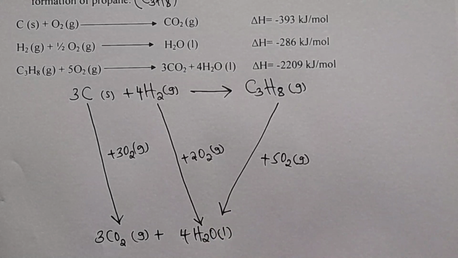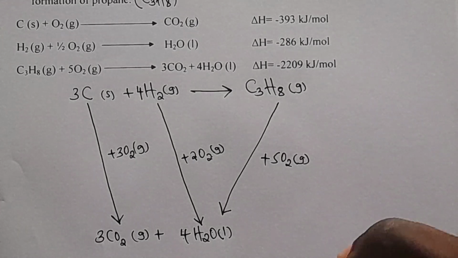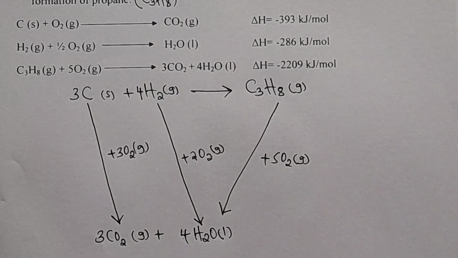Okay, next we are going to relate now, because Hess's law states that the energy change in converting reactants to products is the same regardless of the route by which the chemical change occurs.